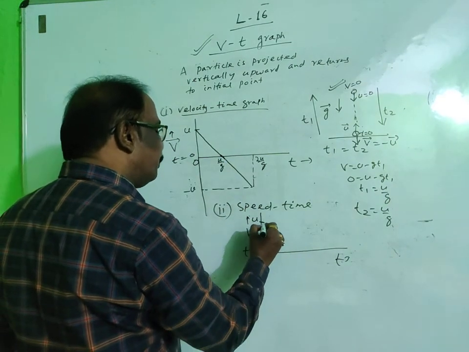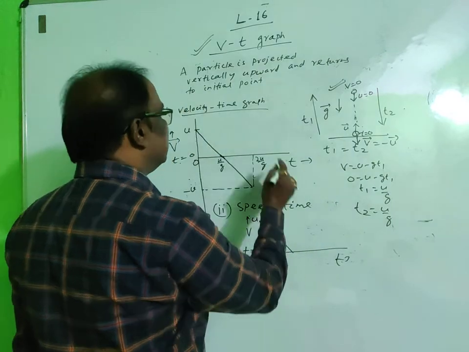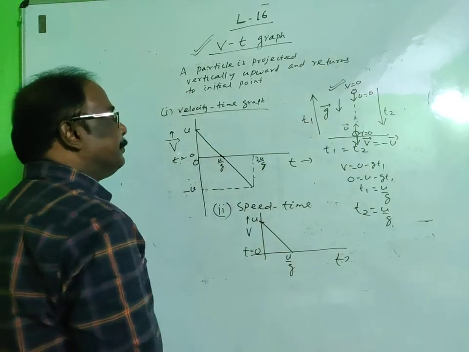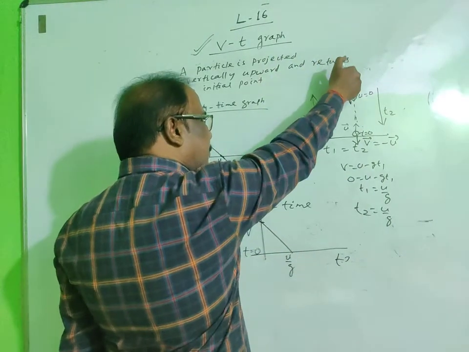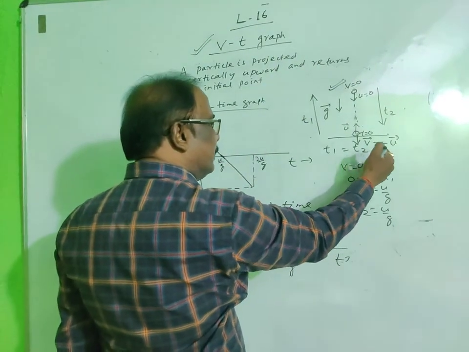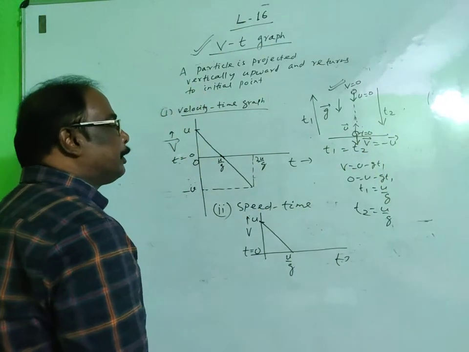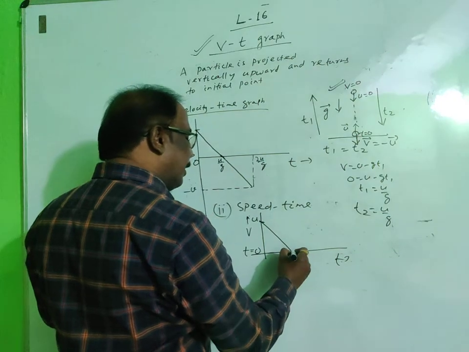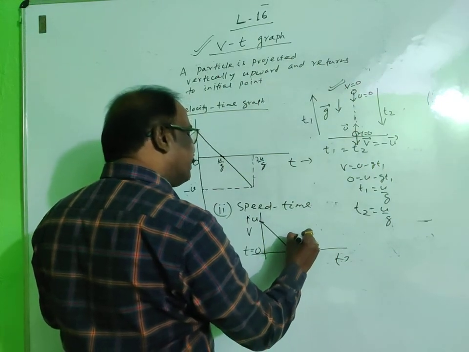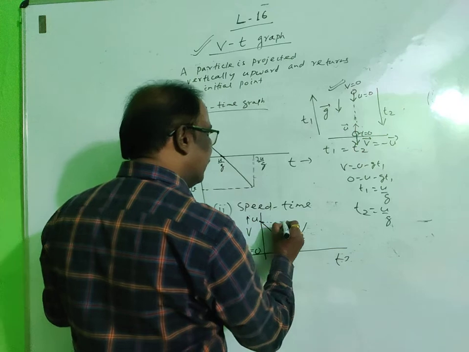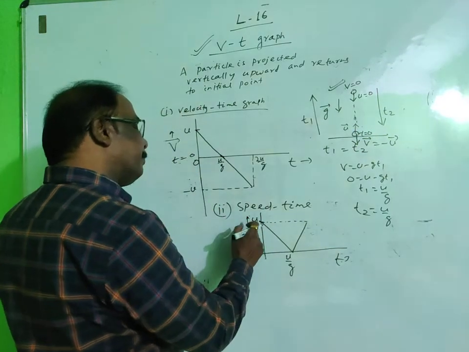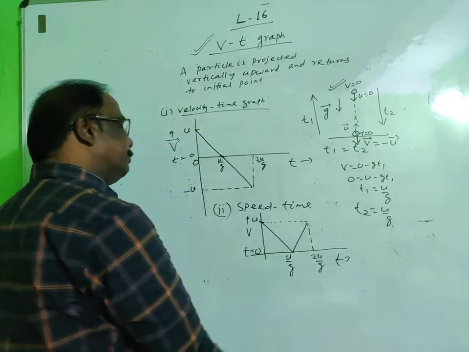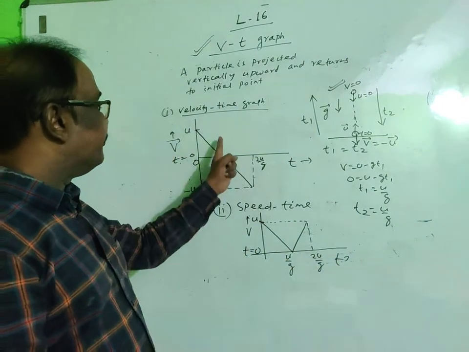When time is 0, speed decreases until it reaches the highest point, taking time u by g. Then in the downward direction the body returns back, and the magnitude of final velocity is u, which means the speed is u. Speed is scalar, it can't be negative. So speed increases again and reaches the same value u, and the total time is 2u by g. This is the speed time graph, and this is the velocity time graph.